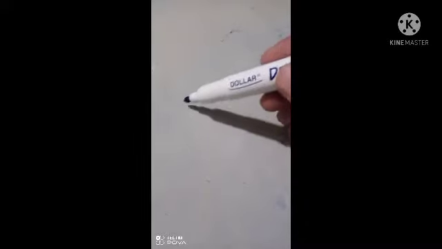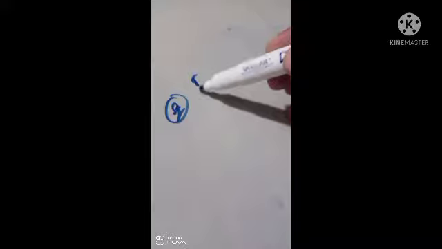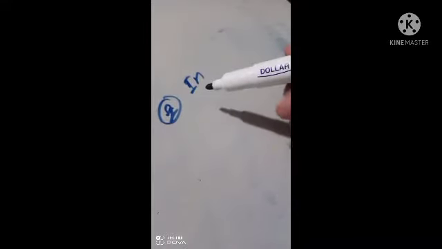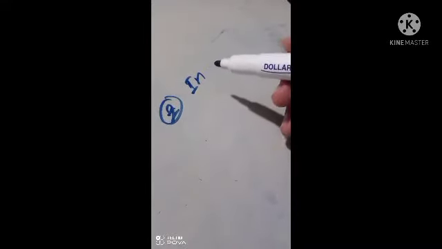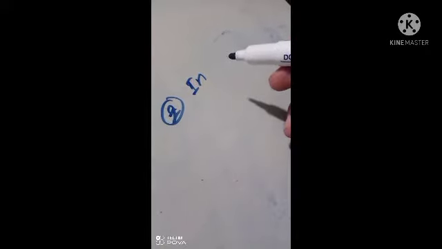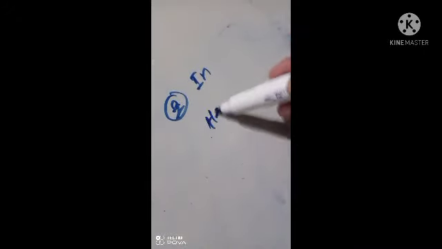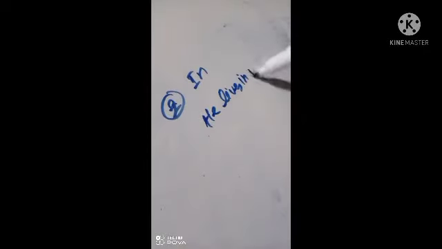Okay, the next preposition, number 2, is "in". Okay, so where is "in" used? "In" is used before countries, large towns and a period of time, and reference to future. For example, he lives in South Asia. He lives in Pakistan simply.